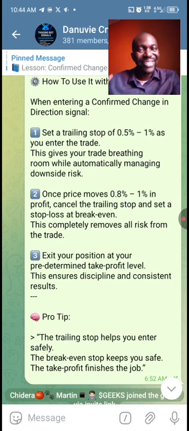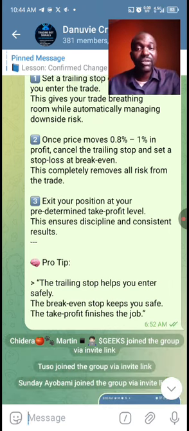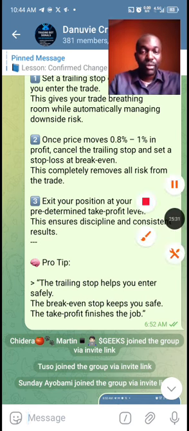Your stop loss is going to be fixed at break even, so you can allow that trade to run for as long as possible. And when you decide to exit your position, that's at your discretion. So exit your position at your predetermined take profit level, like I've said. This ensures discipline and consistent results.